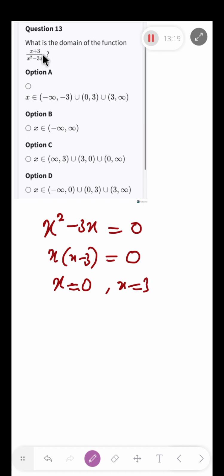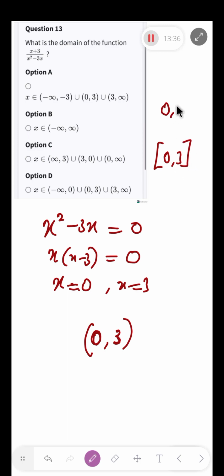Now, what will be the domain? Domain is just as if you are expected to write this 0 you got here and this 3, which implies you are not including 0 and you are not including 3. So as far as it is not closed, if I use this bracket, that means 0 is included, 1 is included, 2 is included, 3 is also included.